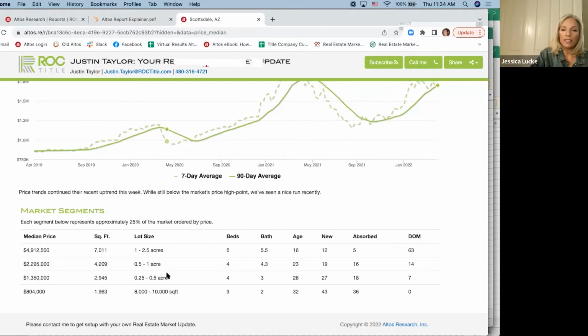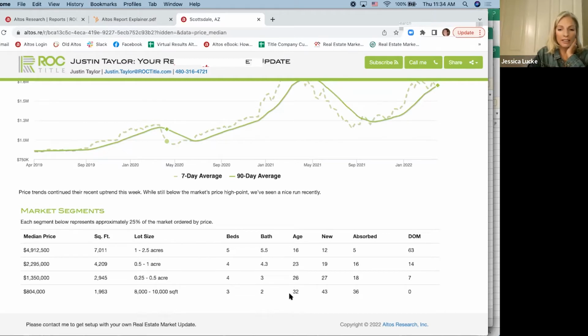What is great about this, again, think about it for your open houses. If you've got a client who says, hey, you know what? The max I can spend is 800,000. Is there anything available to me in Scottsdale? And what can I expect for my money? Well, you can expect roughly 1,900 square feet, maybe 2,000, a smaller lot size compared to others, a 3-bedroom, 2-bath, a 32-year-old home.